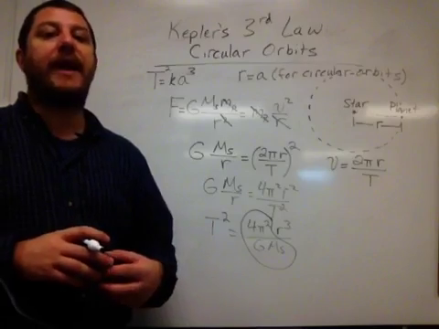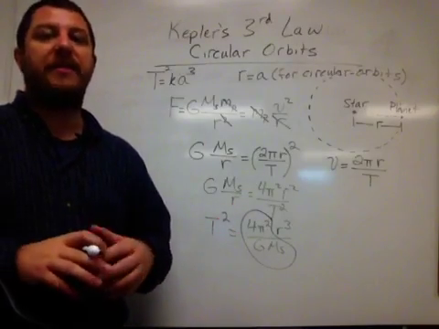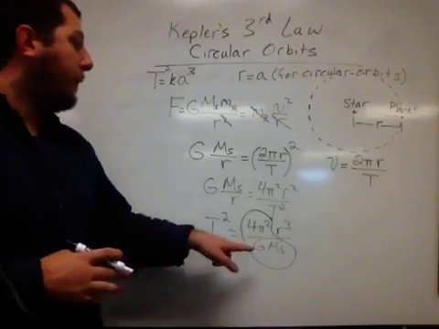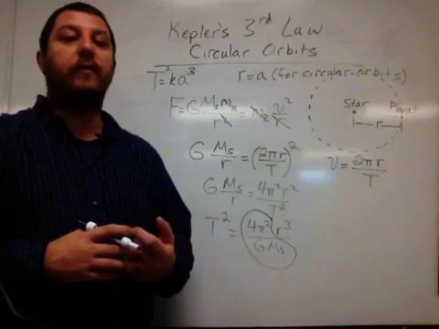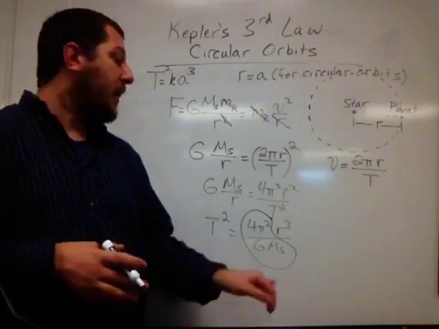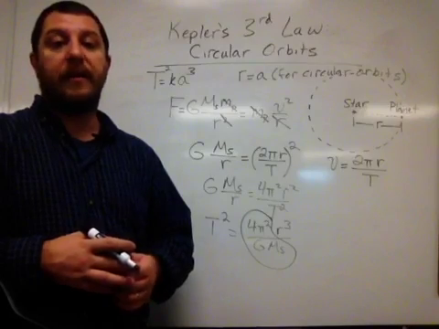Newton did realize that, but not with this simple analysis. It doesn't come out of this. It takes more advanced techniques, all right? But this is your constant of proportionality, 4 pi squared over G times the sum of your masses, times the cube of your semi-major axis.